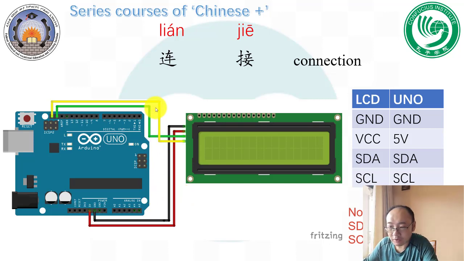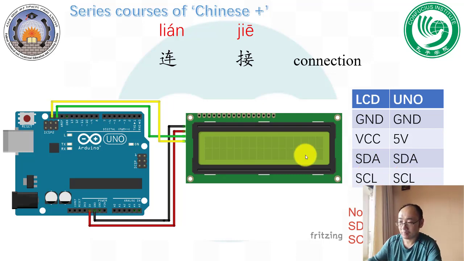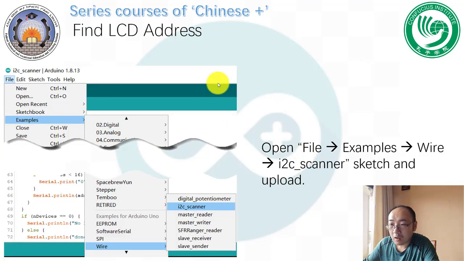First, we need to connect 连接 LCD and Arduino boards. So LCD and Arduino ground to ground, VCC pin to 5 volt and SDA to SDA, SCL to SCL. Because we talk about I2C component has address, so first we need to find LCD's address.